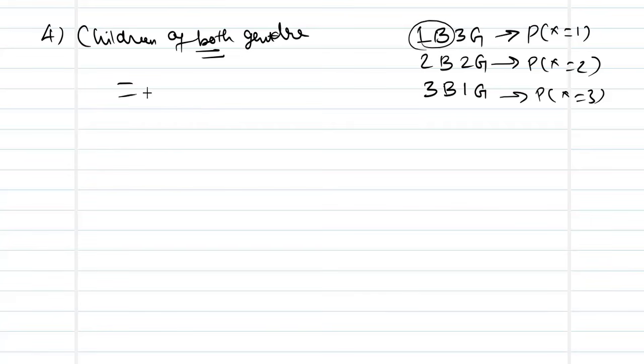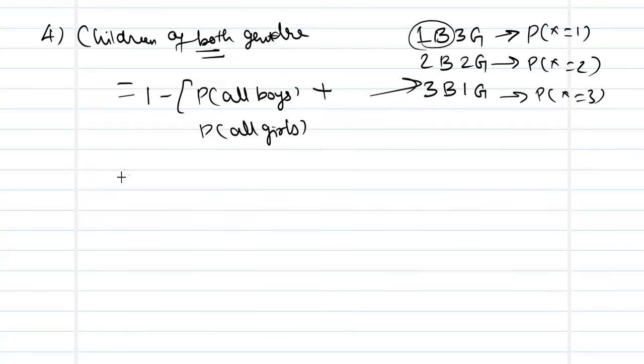The other way round is 1 minus probability that all are boys or probability that all are girls. Then this will also tally all these 3 options. So this is 1 minus probability of all the boys are given by x equal to 4, and all of them are girls, means no boys, so this is x equal to 0.